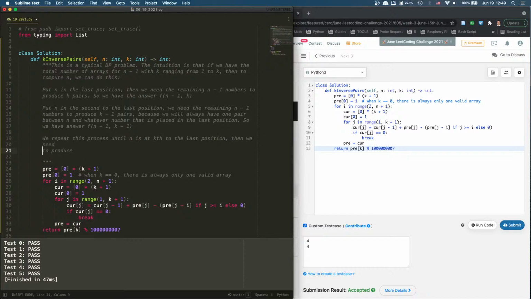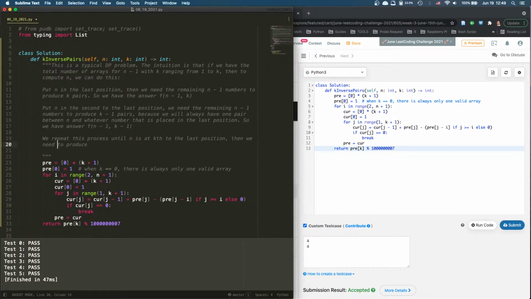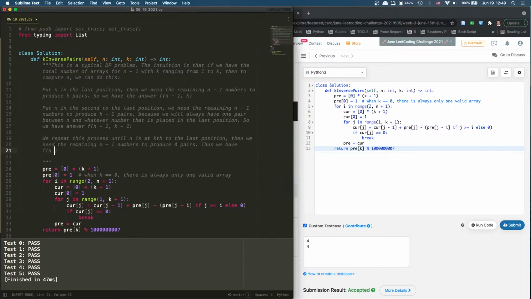Then we need the remaining n minus 1 numbers to produce 0 pairs. Thus, we have f(n minus 1, 0).